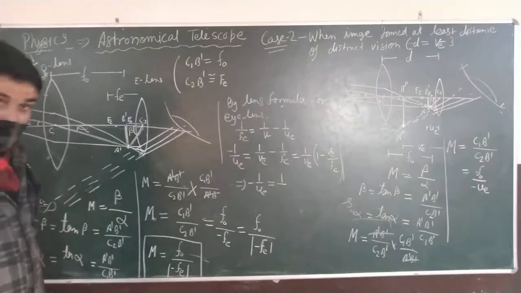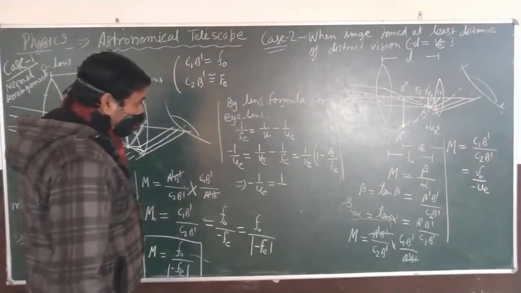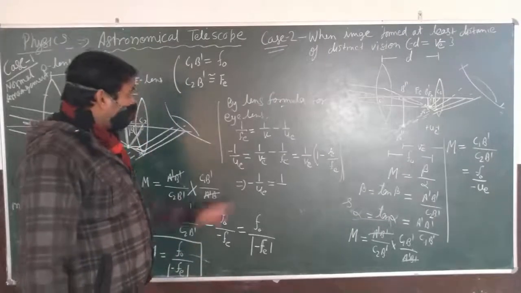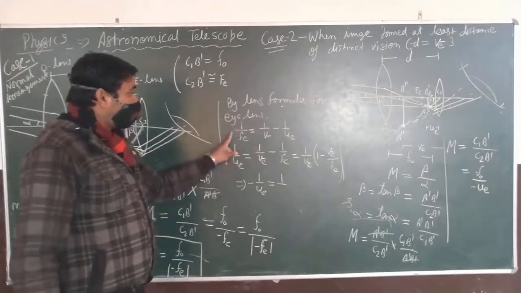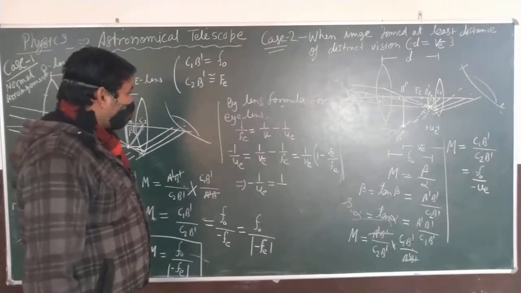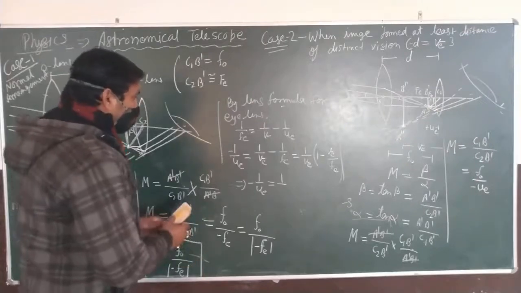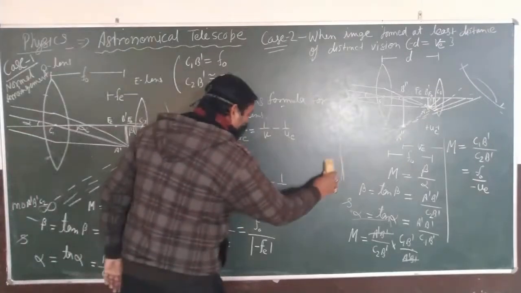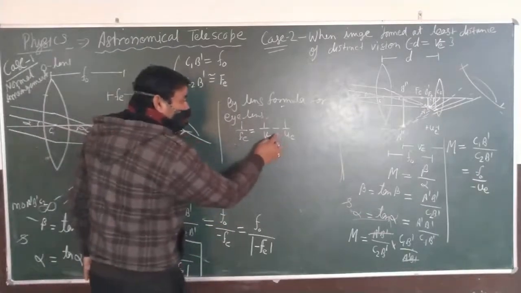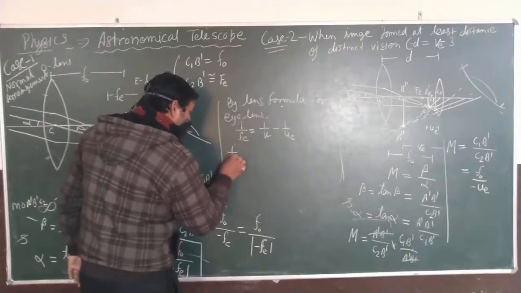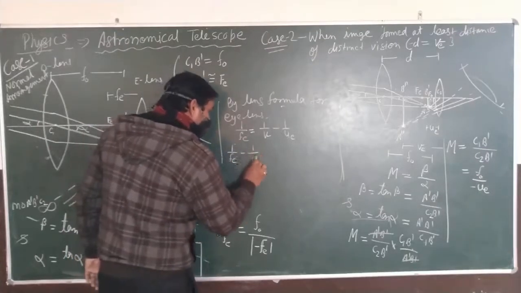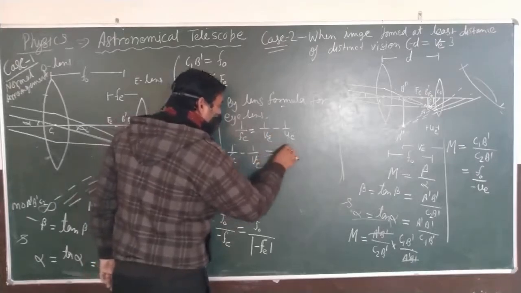So 1 upon UV on the left hand side here is positive, so 1 upon FE becomes negative. Let me see this line again: 1 upon FE minus 1 upon VE equal to minus 1 upon UV.